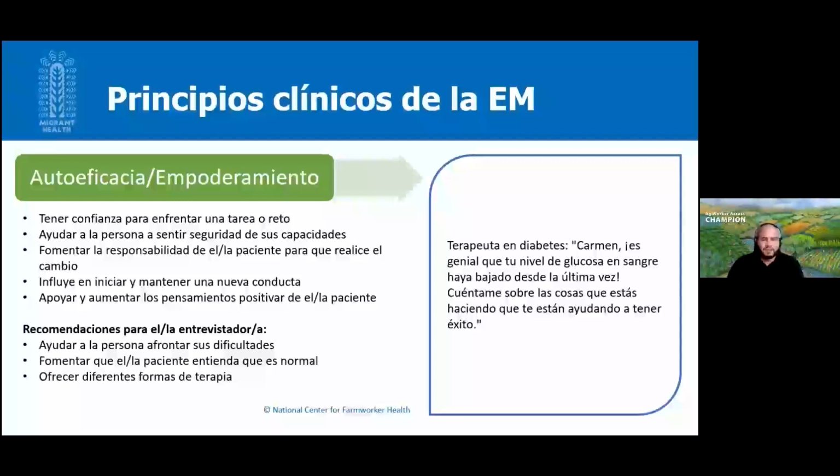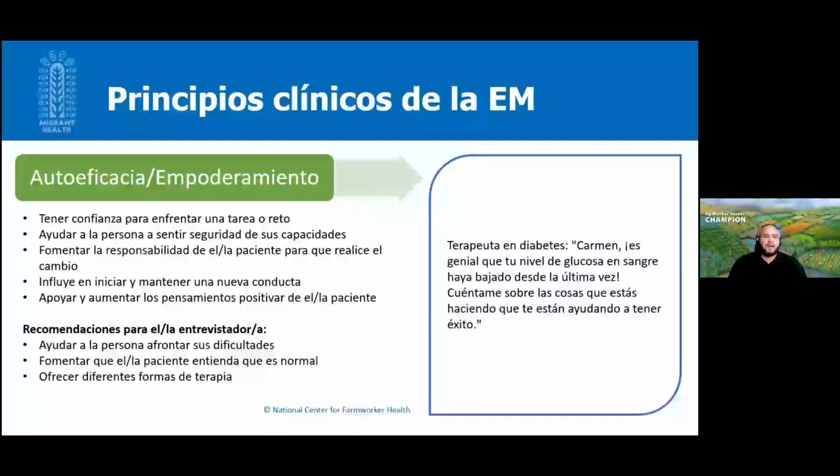We're going to favor the point of view that shows that these obstacles are a normal part of the process of change. And we need to reinforce those positive thoughts.